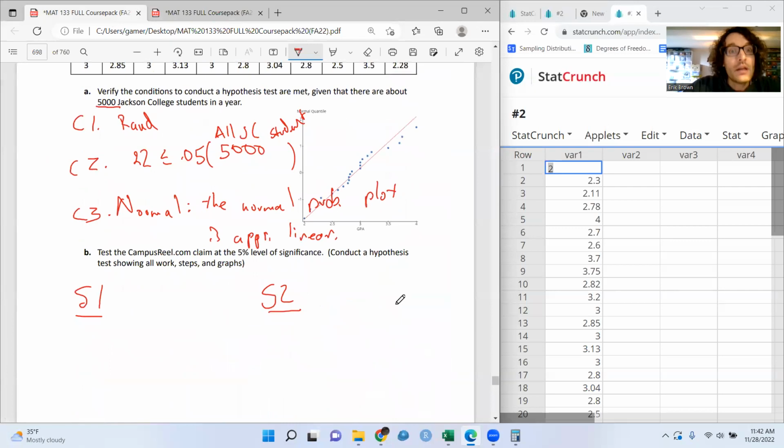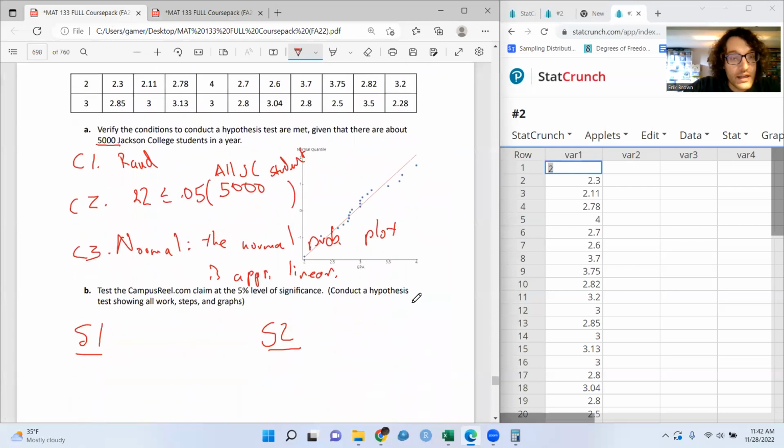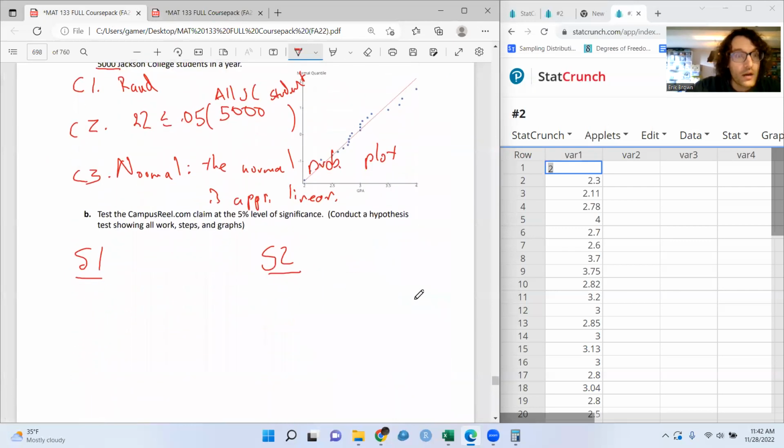Good. Okay, so the next thing is what are the null and alternative hypotheses? Mu equals 3.15 and mu is less than 3.15.